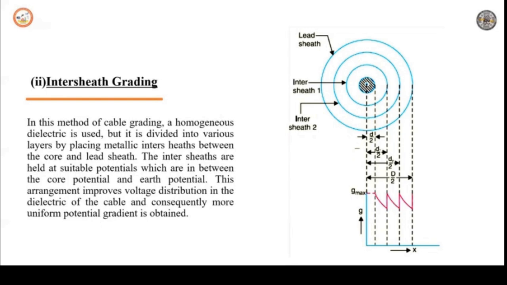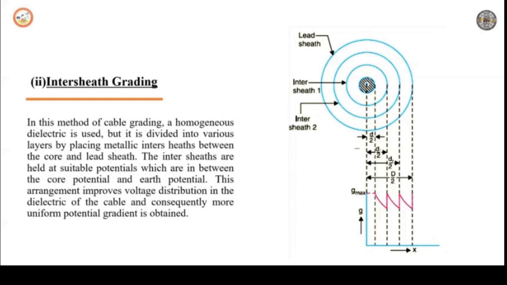Next, let us go to the intersheath grading. In this method of grading, in between the core and the lead sheath, a number of metallic sheets are placed, which are called intersheaths. All these intersheaths are maintained at different potentials by connecting them to the tappings of the transformer secondary. These potentials are between the core potential and earth potential.